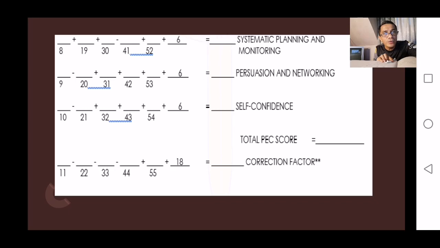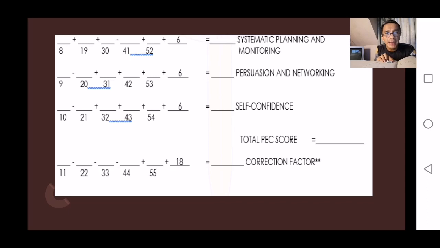So, paki-take note lang ha. Kasi, kung babalikan natin yung previous slide, inulit ko lang yung systematic planning and monitoring, para hindi lang maputol yung slide. Pero please take note, 10 PECs lang yung given. So, after taking your total PEC score, siguro bilugan ninyo yung total PEC score ninyo.